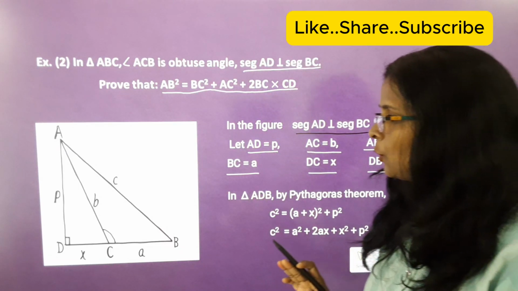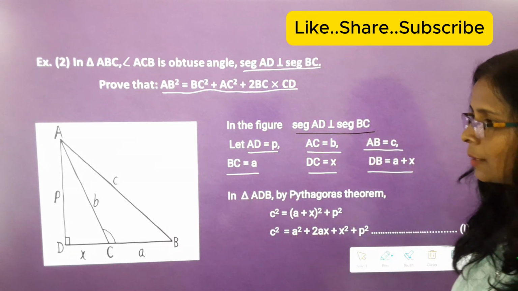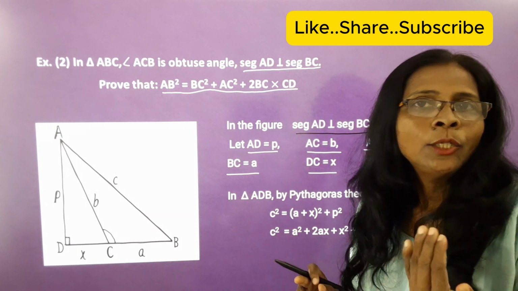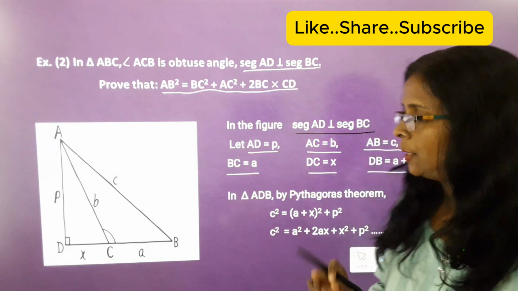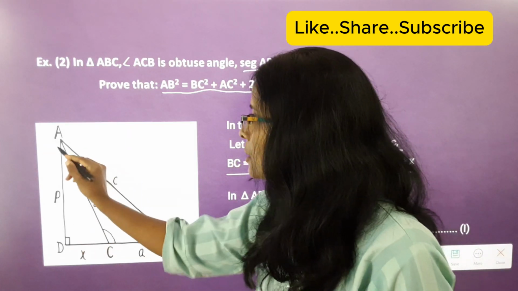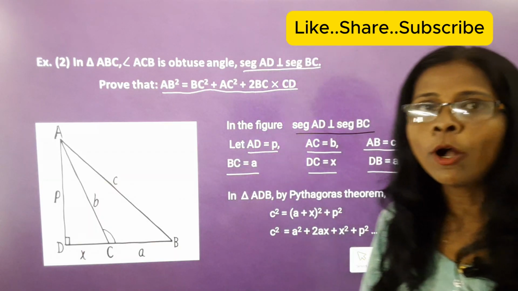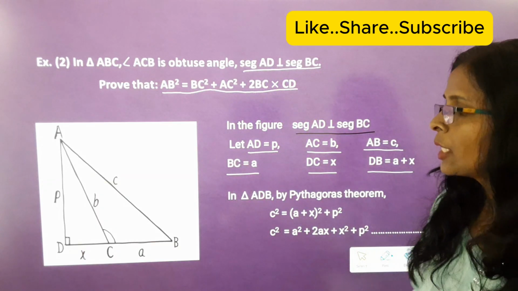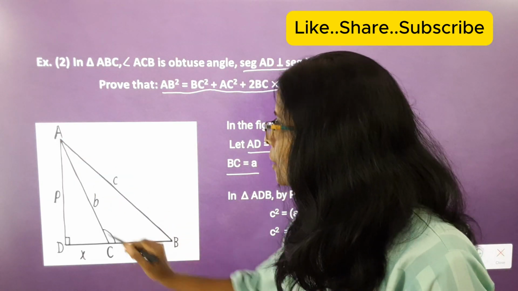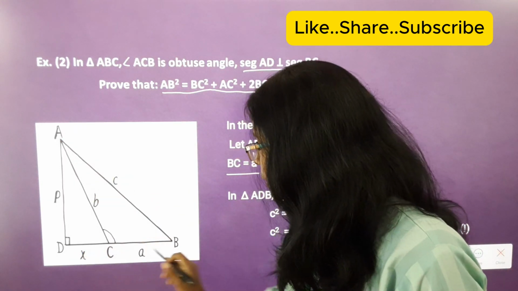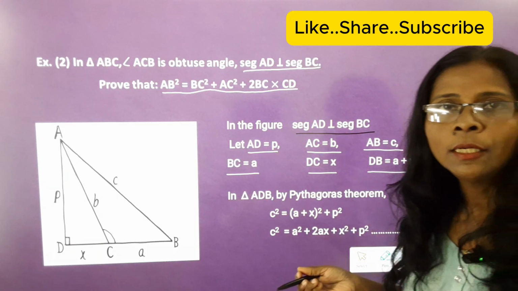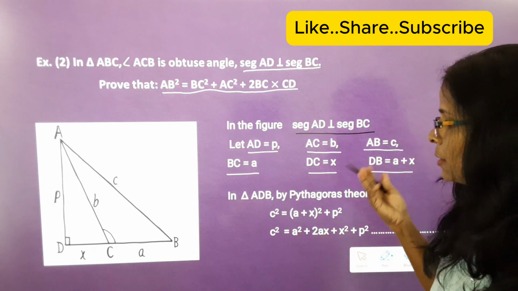Now here we apply the Pythagoras theorem in the right angle triangle, and here are two right angle triangles. The first one is the bigger one, that is ADB, which is a right angle triangle students. So apply the Pythagoras theorem in this triangle. So here AB square is equal to AD square plus DB square. Now substitute the values that we considered.